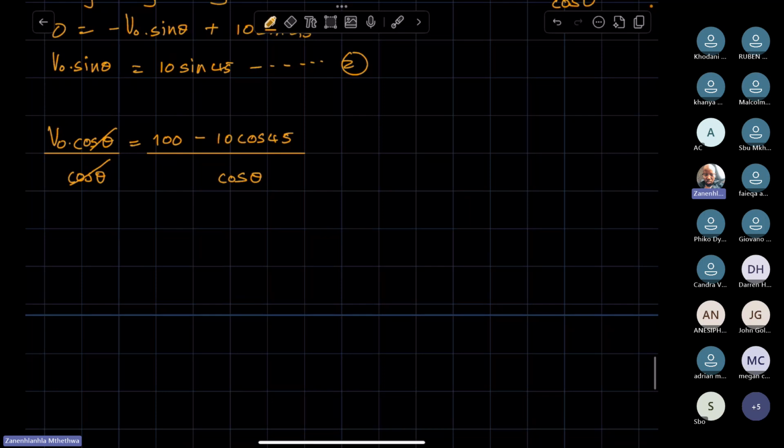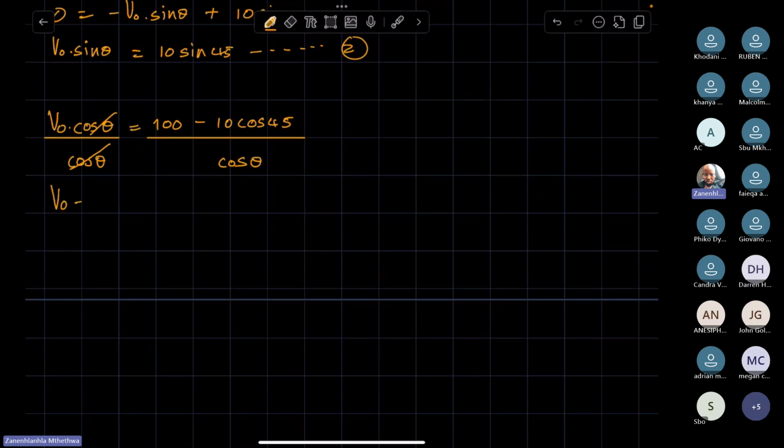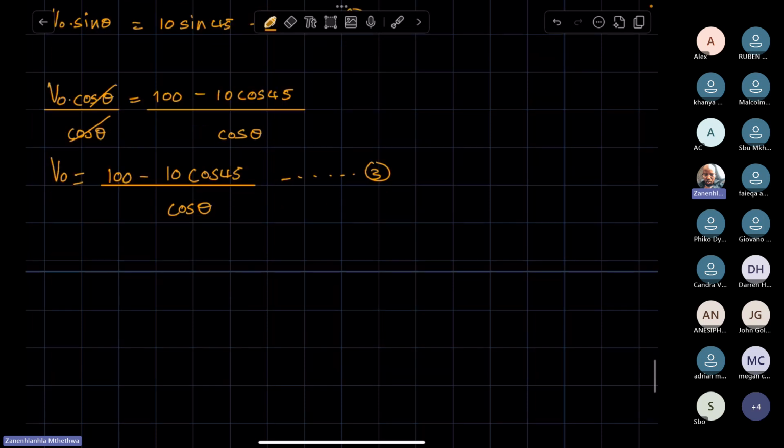That cancels, therefore VO is equal to 100 minus 10 cos 45 divided by cos theta. And this becomes your third equation.